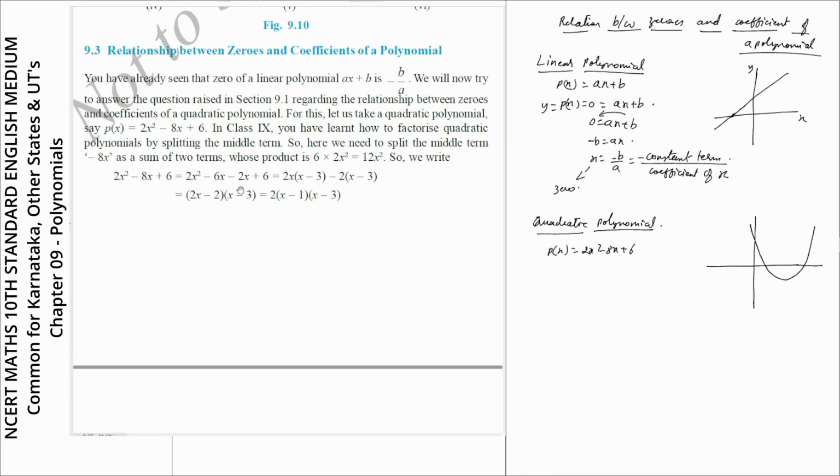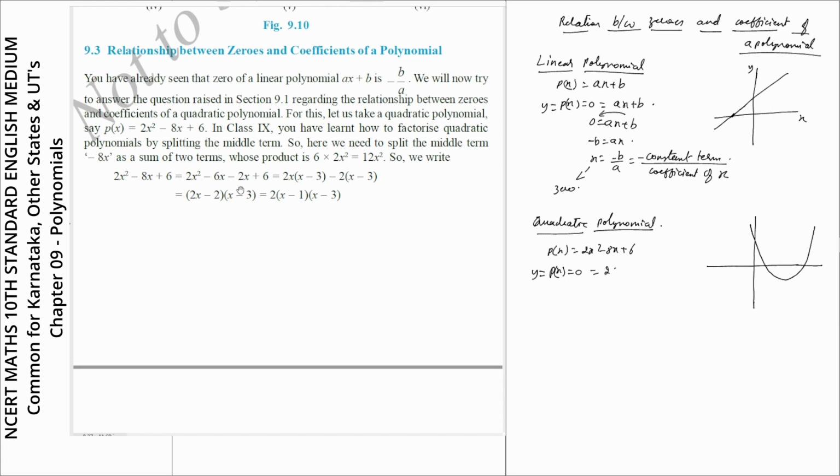The other way is we can find it algebraically. Whenever the polynomial intersects the x-axis, the y coordinate will be 0. That means p of x will become 0, so I'll equate the polynomial to 0.